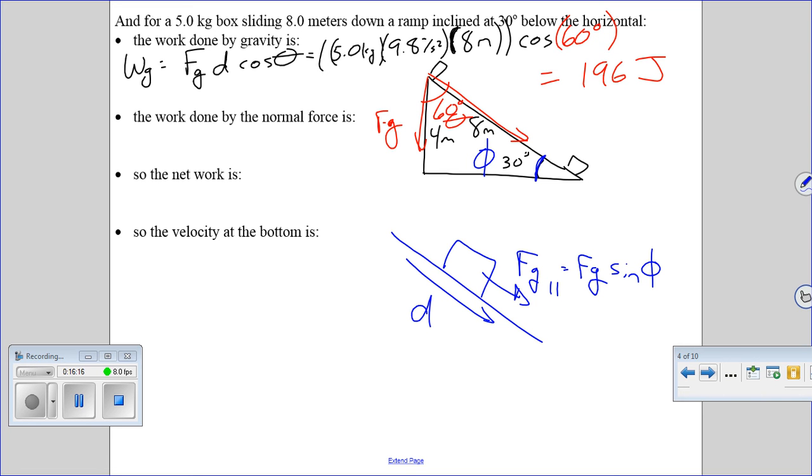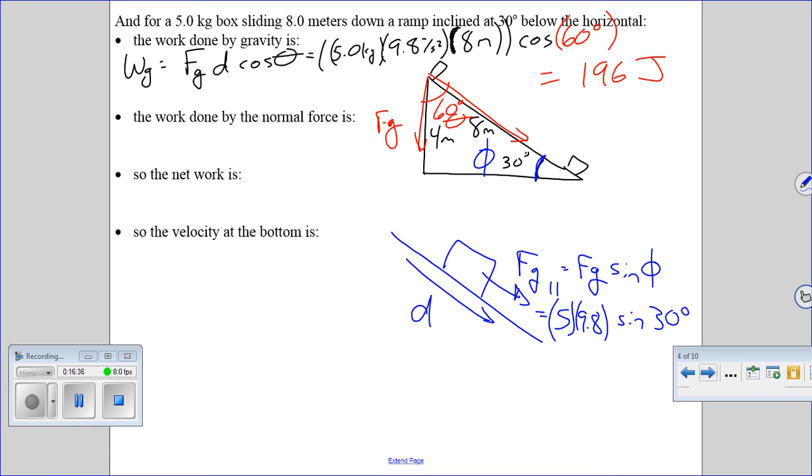So look what happens. Our force of gravity is 5 times 9.8 times the sine of 30 degrees, which is the same as the cosine of 60, right?